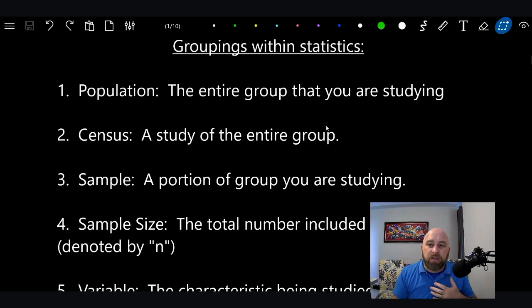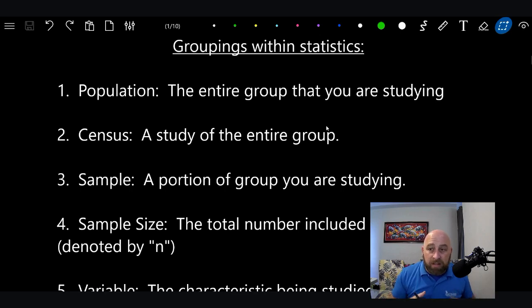The second one, think about this. If you're doing a numerical study on the world, are you going to be able to survey all 7 billion people that are in the world? It's not going to happen. And if you look at number 2, the census is the study of the entire group. In the United States, every 10 years, they do a census. The census is a study of the number of people that live in different places.